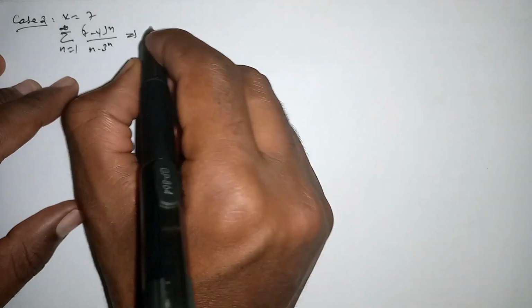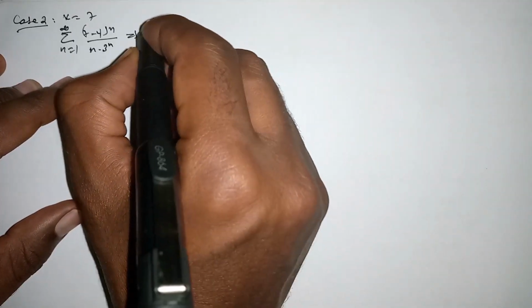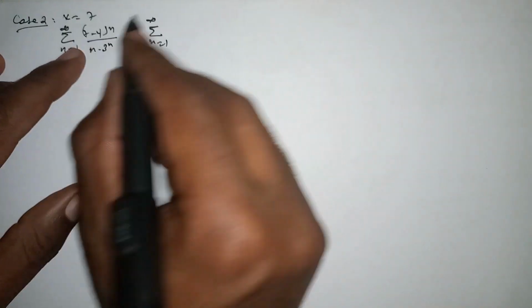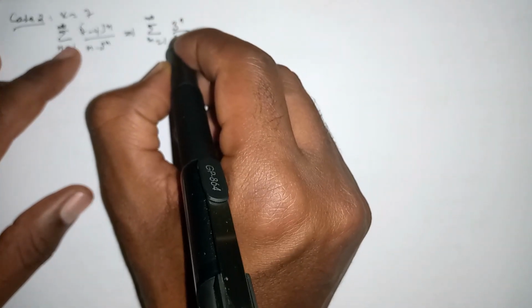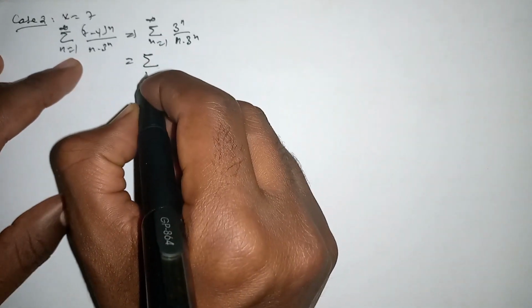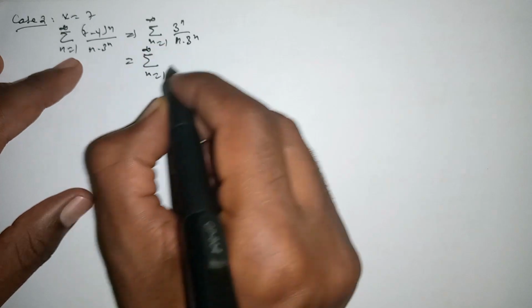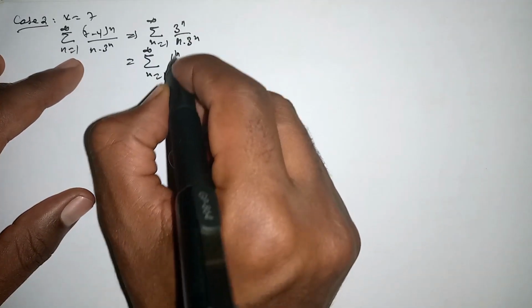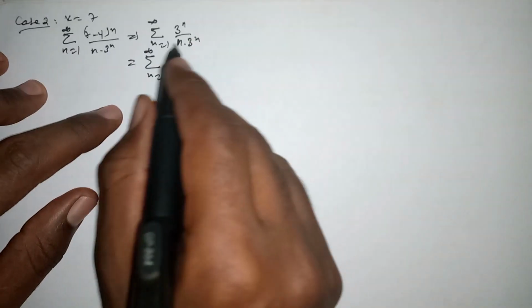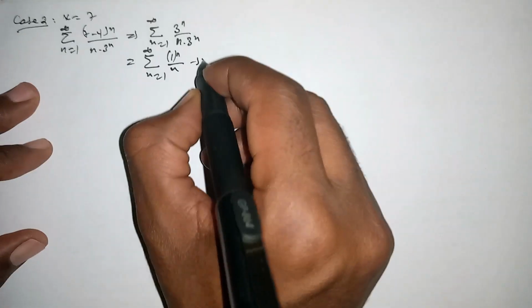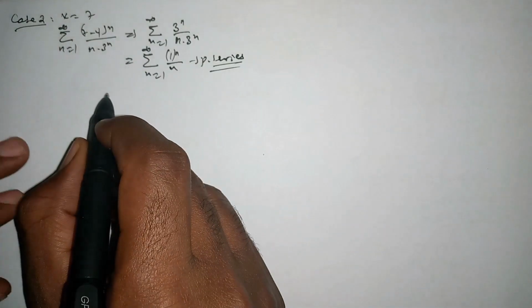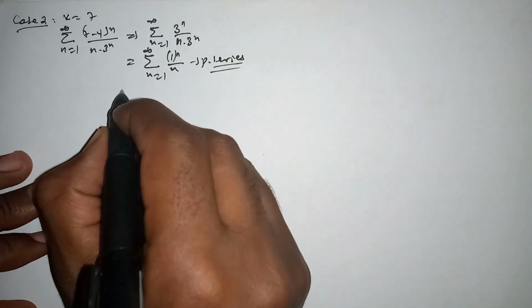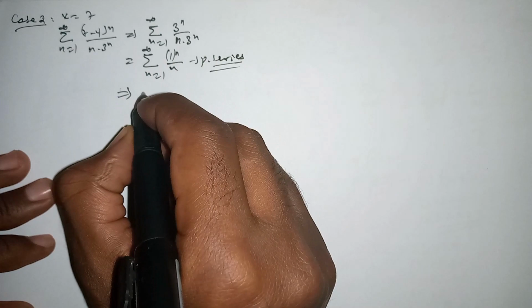This results in the summation as n runs from 1 to infinity of 3 to the power of n over n times 3 to the power of n. This equals the summation from n equals 1 to infinity of 1 to the power of n over n. This is a p-series. So by the p-series test, this series is divergent.